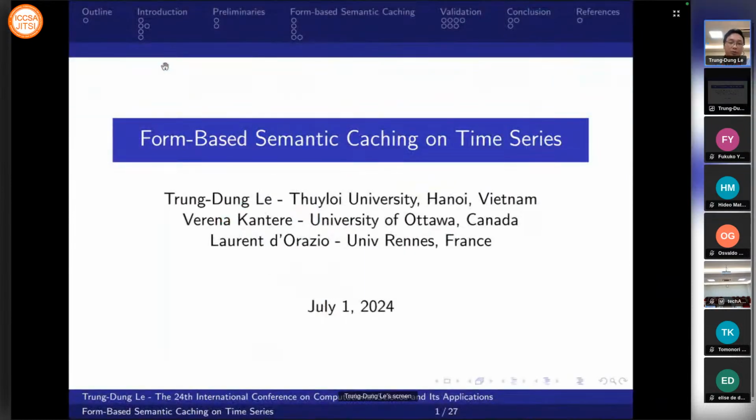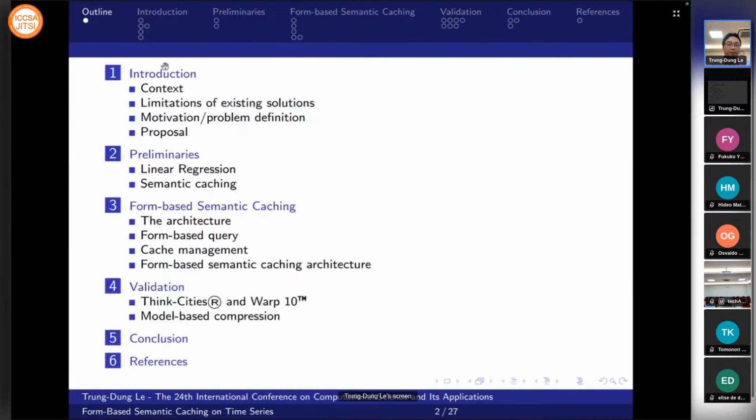We are Chung Dung Lê, Verena Cantera, and Laurent Orazio from Vietnam, Canada, and France. The presentation has 5 sections: introduction, background, form-based semantic caching, validation, and finally the conclusion.